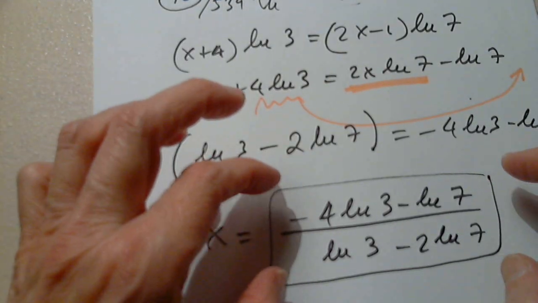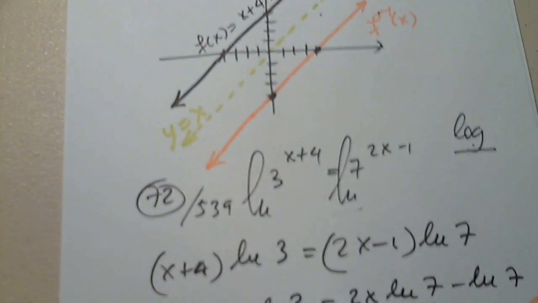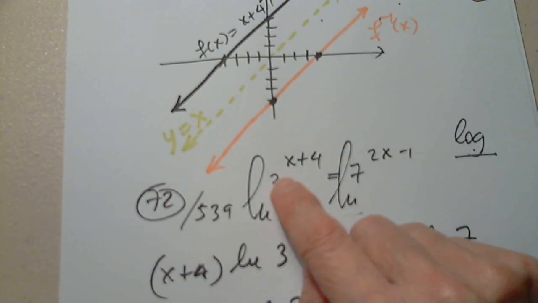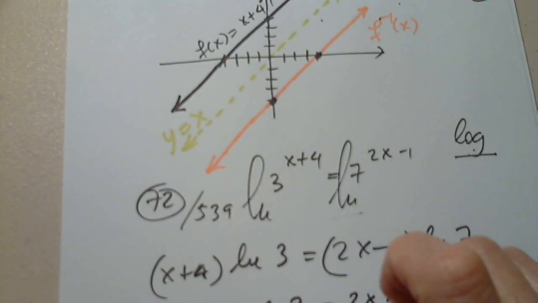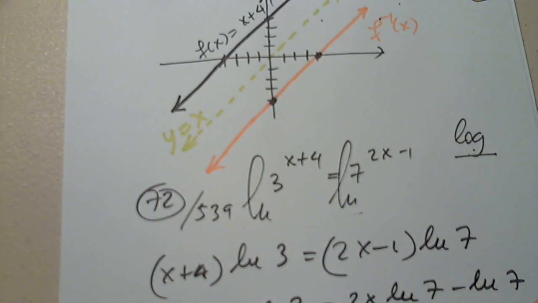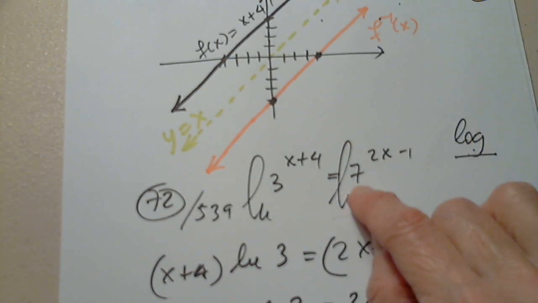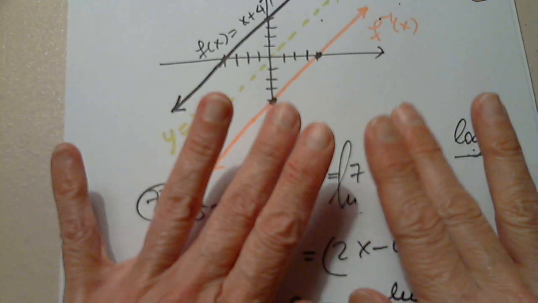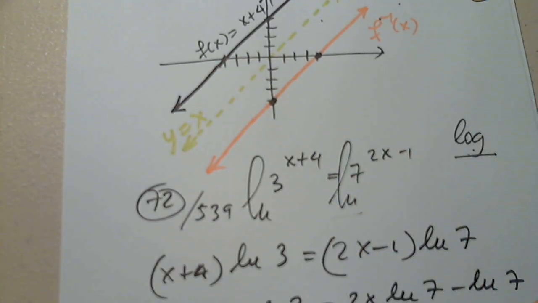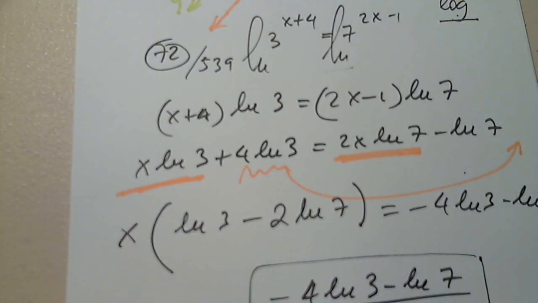I put this in the graphing calculator, and then the number 3 to that number plus 4 should be very close. It's not going to be exact because I'm approximating. Should be very close to 7 raised to 2 times the number minus 1. If these two are equal or very, very close, then this is correct.